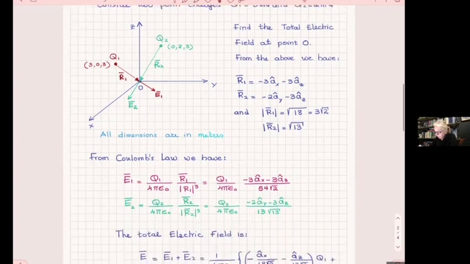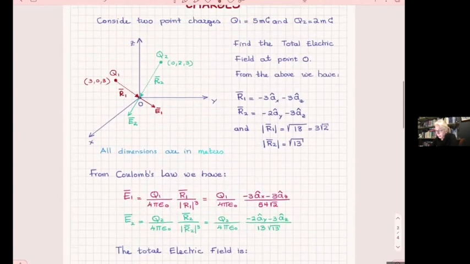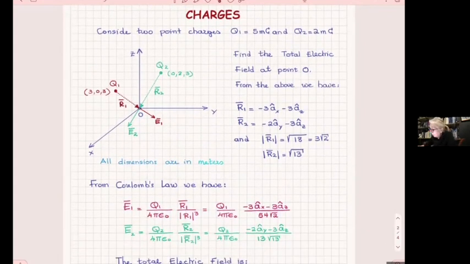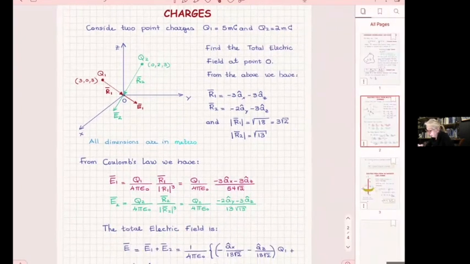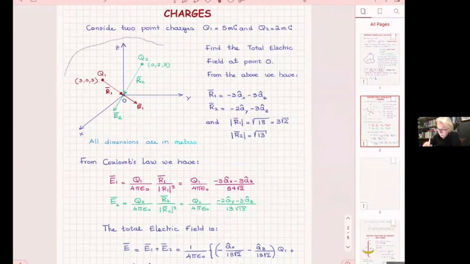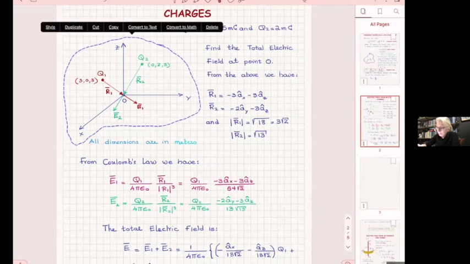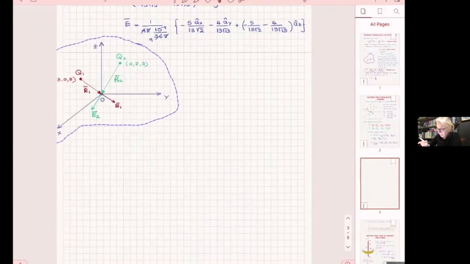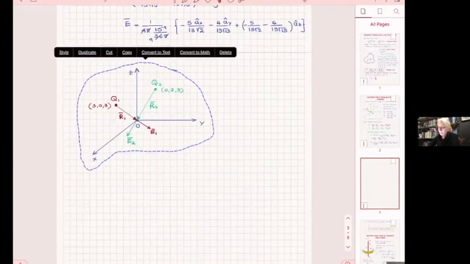So how do we do this? Okay, let me see here. So we're here, add a page. What I will do is the following for you. I will take this figure, copy it, and then put it here, and tell you the following.